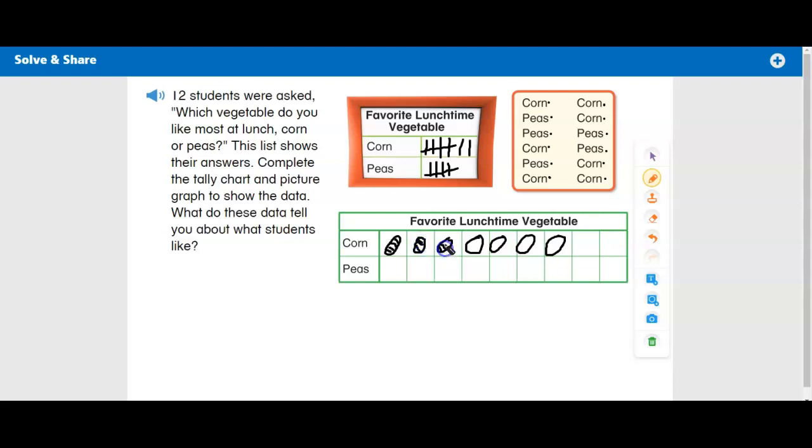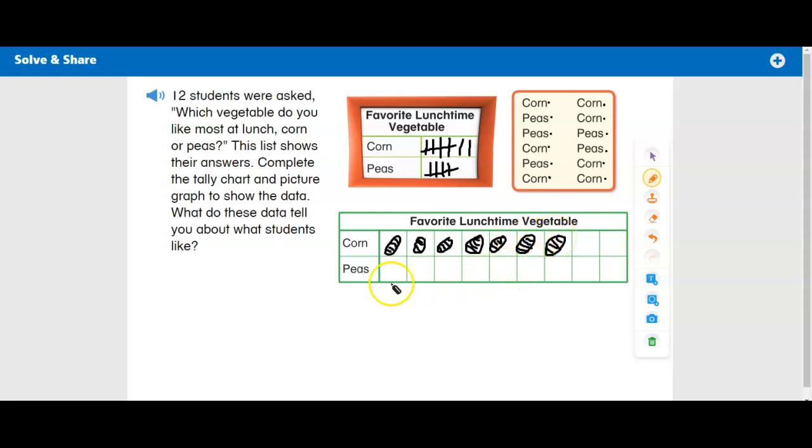So here are my corn. I have 7. So on your paper, you should be filling in your picture graph with 7 corns. All right, double check. 1, 2, 3, 4, 5, 6, 7.